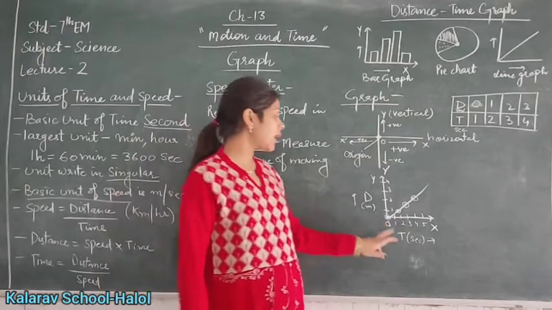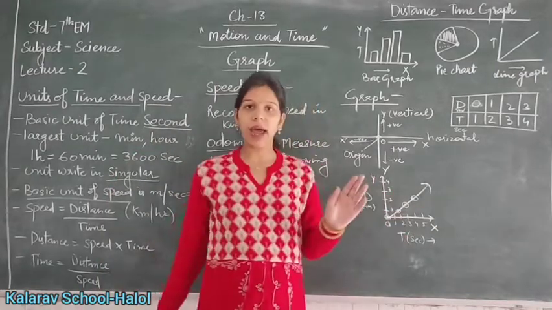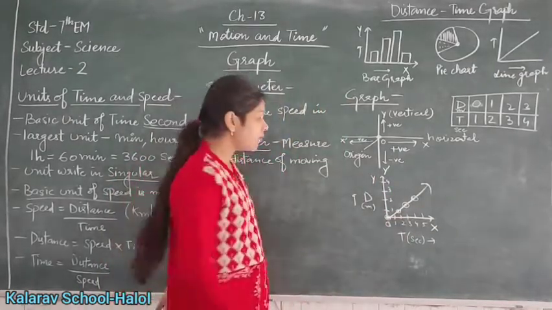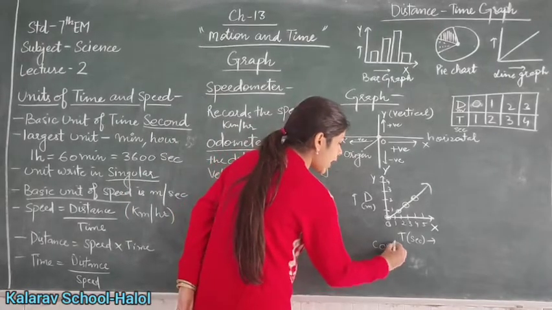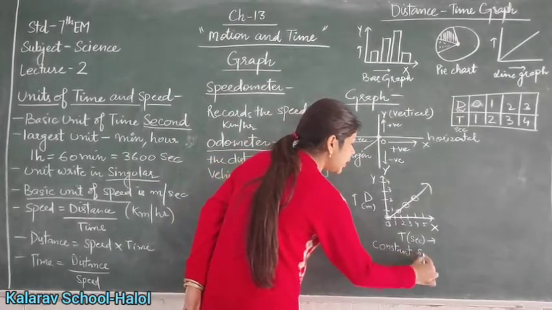If the distance time graph is a line graph or a straight line, then we can say that it has constant speed.